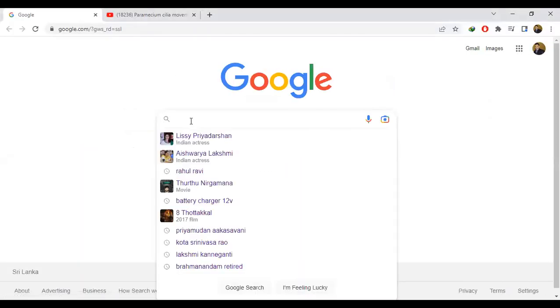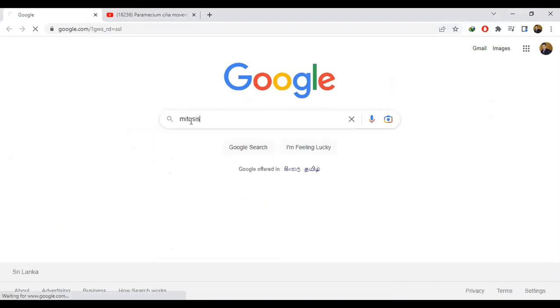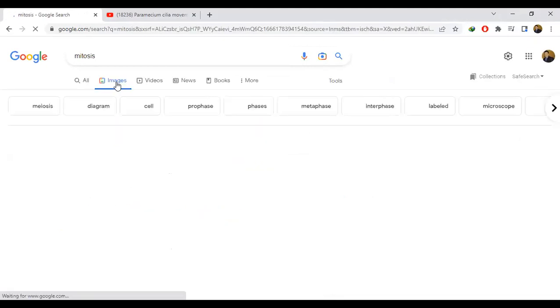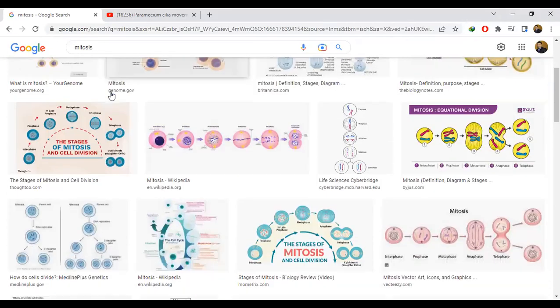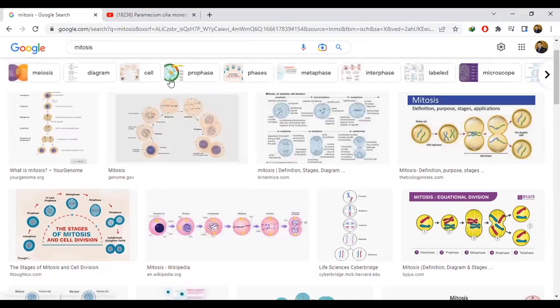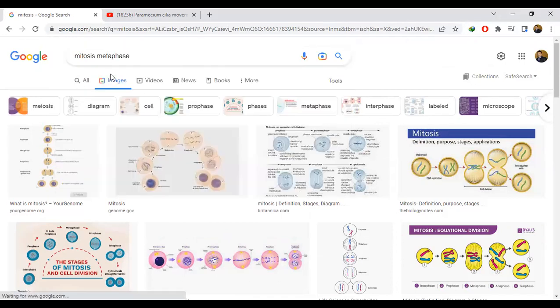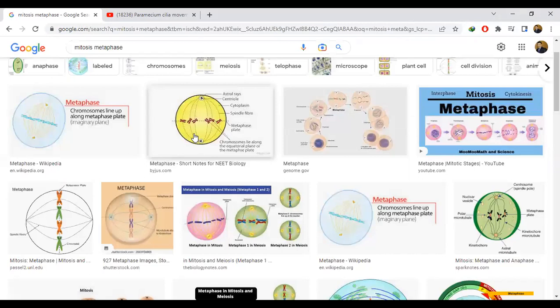Mitosis, meiosis, those words you studied. In A level, you will be studying a lot about it. I just chose these words. You don't need to take those words to heart at the moment, but that is the syllabus.